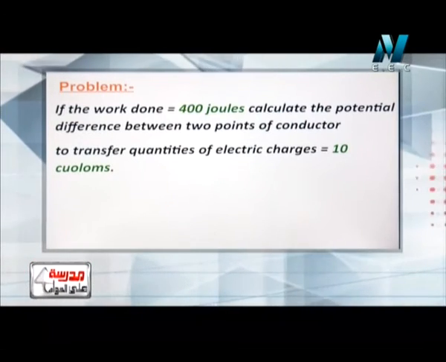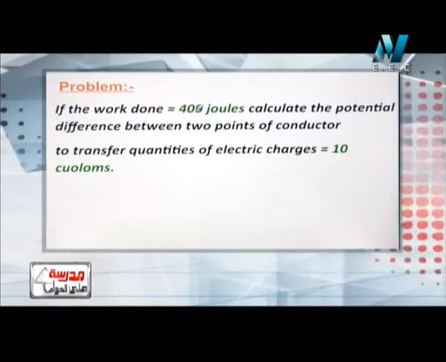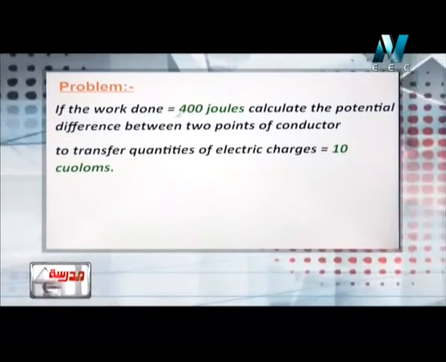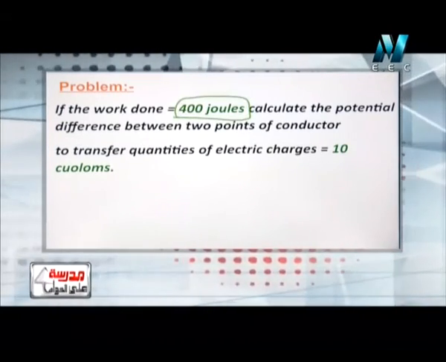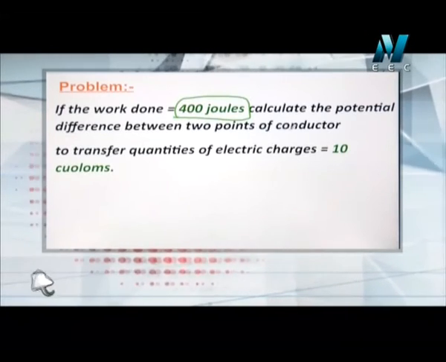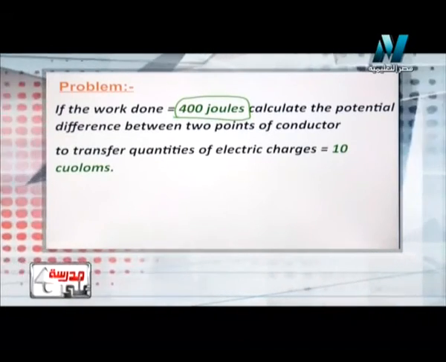If the work done equals 400 joules, calculate the potential difference between two points of a conductor to transfer a quantity of electric charge of 10 coulombs.